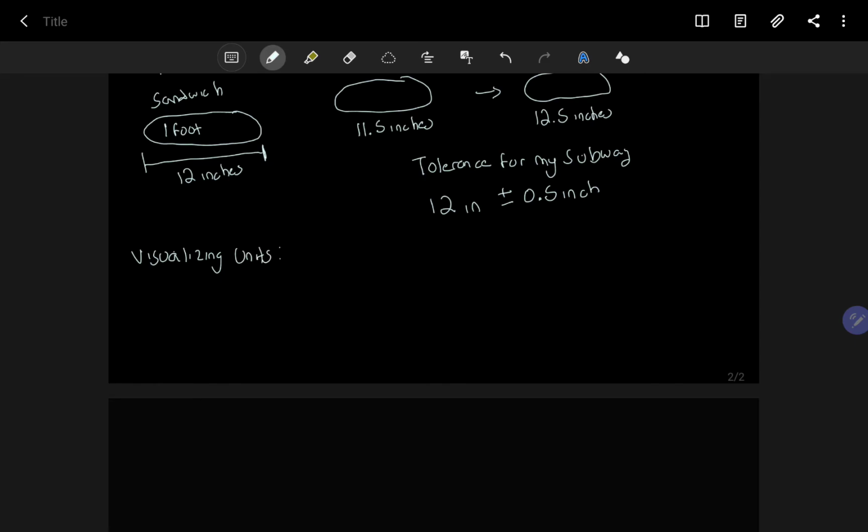For visualizing the units, we have the first unit, which is an inch. And in this case, what this tells me is a one-dimensional or linear measurement.